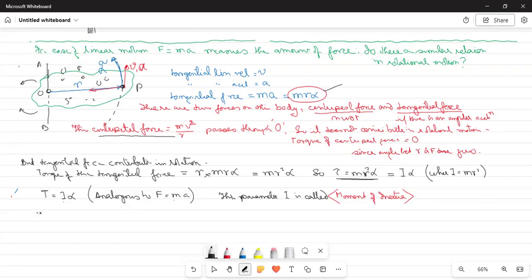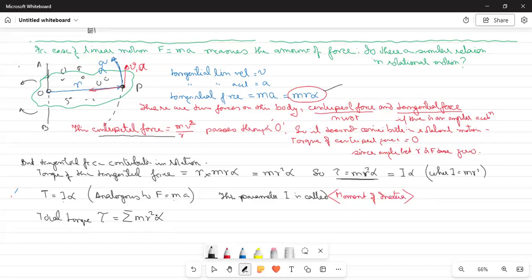This technique we have used earlier. The total torque, which is represented by capital tau or capital gamma, is equal to the summation of all these small torques, m r square alpha.